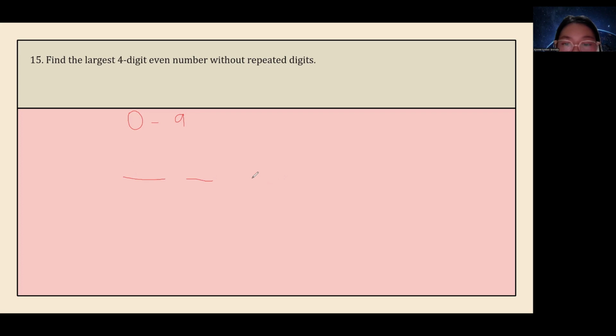Okay, so the highest place value is in the thousands place. Okay, this is thousands, hundreds, tens, and ones. So to get an even number, we need to put an even number on the ones place.